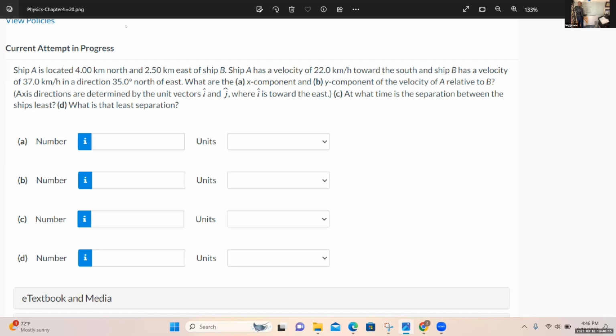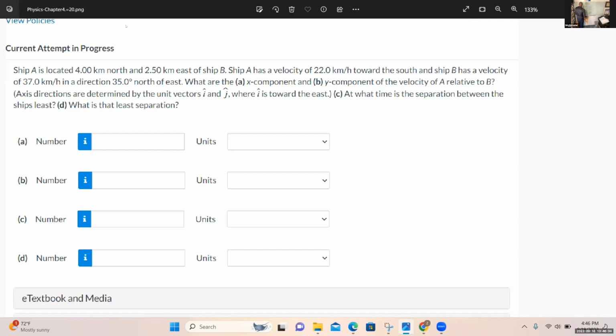And then for B, well, we just got to take the components. For velocity B, VBx is going to be equal to VB times the cosine of 35. Okay, so let's go ahead and write that in.